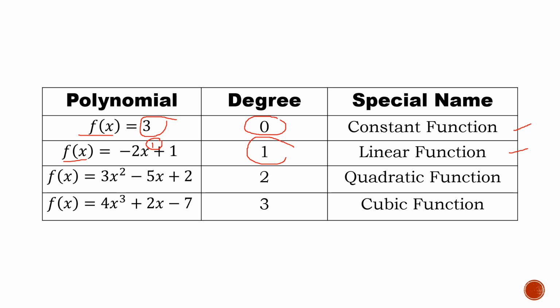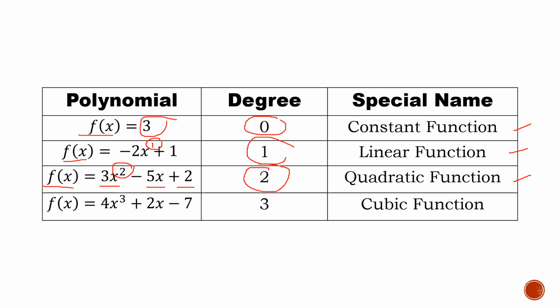Now, moving forward with your quadratic function, your highest exponent, or highest degree that you can see on this given function, is 2, wherein f of x is equal to 3x squared minus 5x plus 2. This will be a good example of quadratic functions wherein the highest exponent in your leading term must be equal to 2.